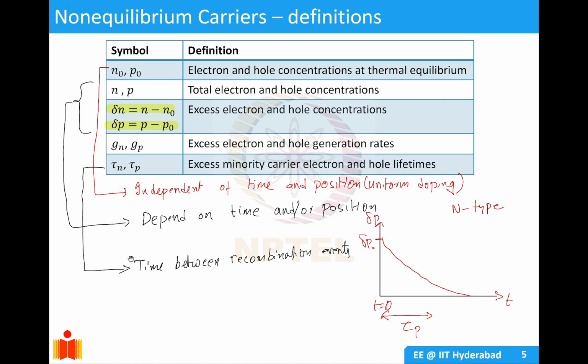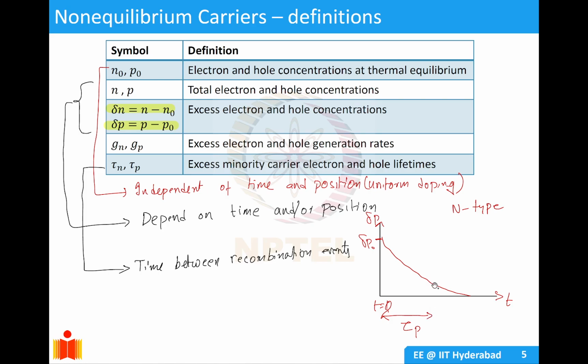Tau n and tau p are given as the time between recombination events. So how much time goes between two recombination events is given by tau n and tau p. If we plot delta p as a function of time, at t equals 0 there is a certain amount delta p naught, and at t equals infinity it reaches 0.